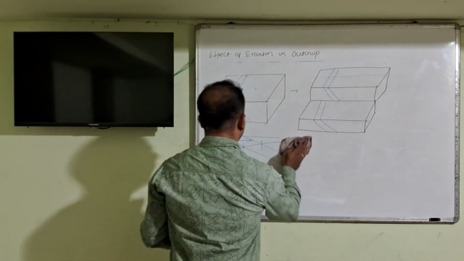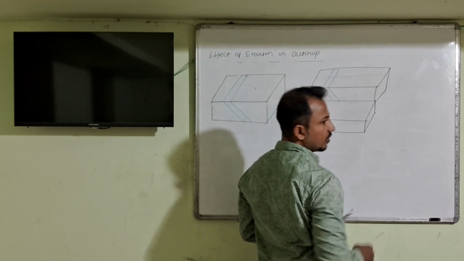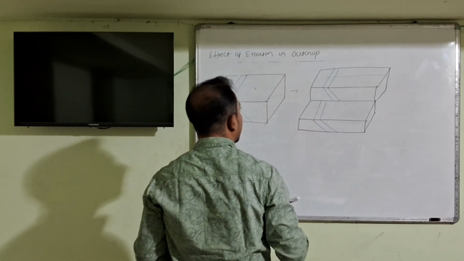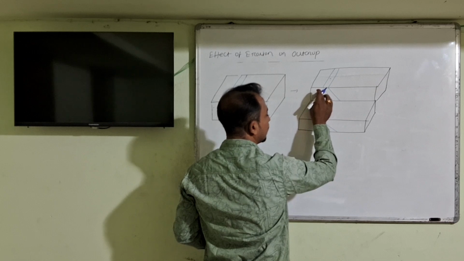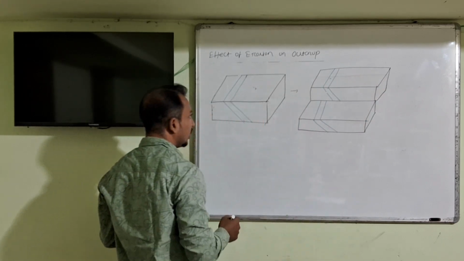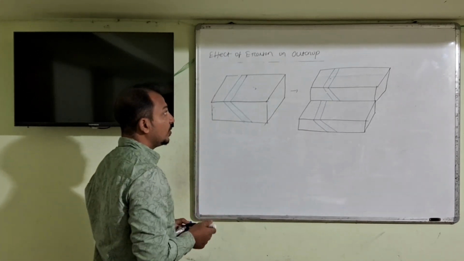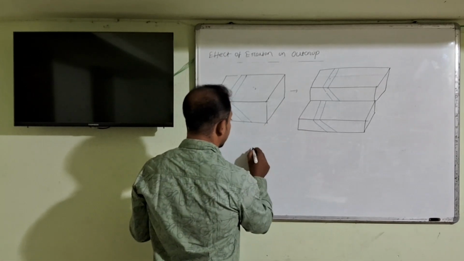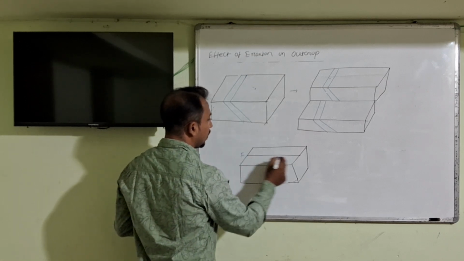So in case of dip fault, this is the upthrown block, this is the downthrown block. So after your erosion, this upthrown block will erode and level with the downthrown block. So the outcrop will advance in the direction of the dip. So this will be the fault plane.